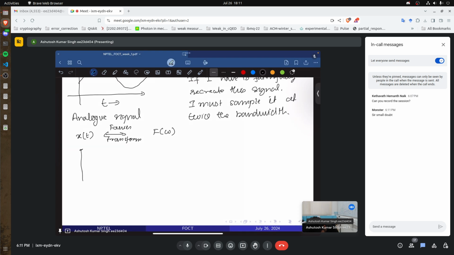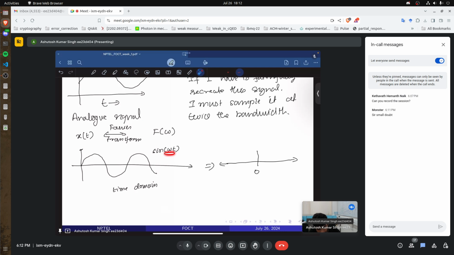Some examples of these things are, if there is a sine wave, sorry for my terrible drawing, but if there is a sine wave oscillating with frequency omega, this is the time domain. The corresponding thing in the frequency domain is written with positive and negative frequencies both, so this is your 0, and if the oscillation is a single oscillation of frequency omega, what you will have is just a delta function at point omega and another delta function at point minus omega.